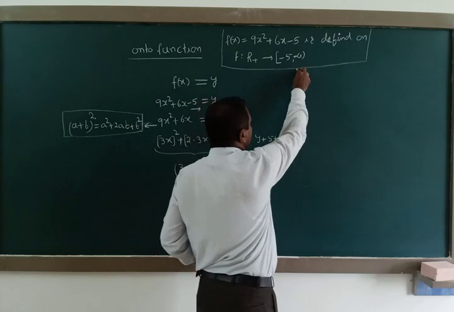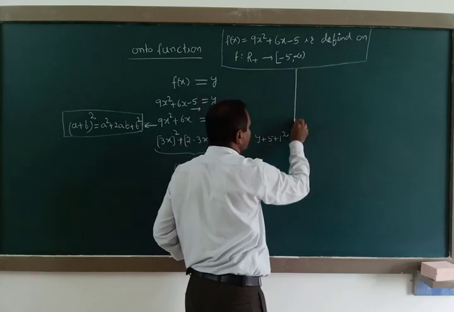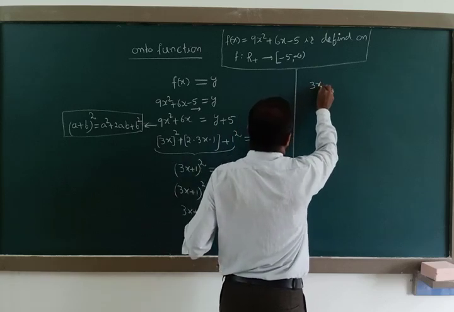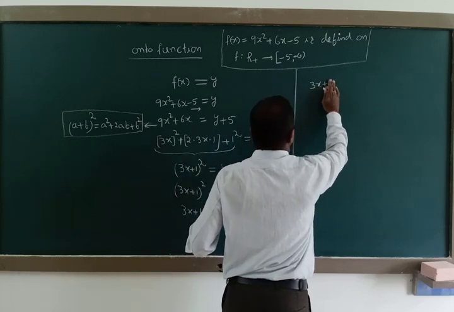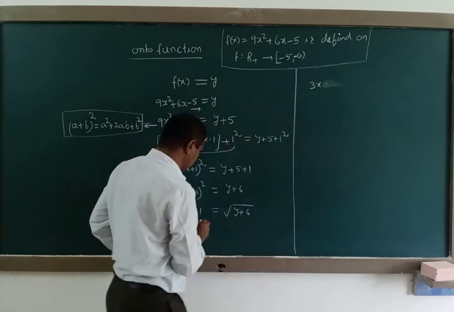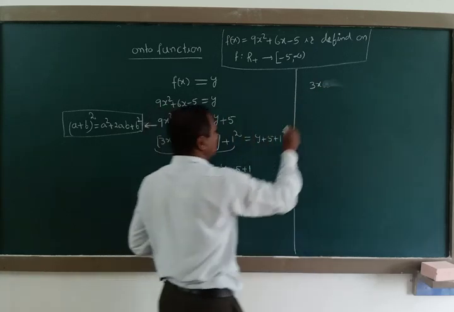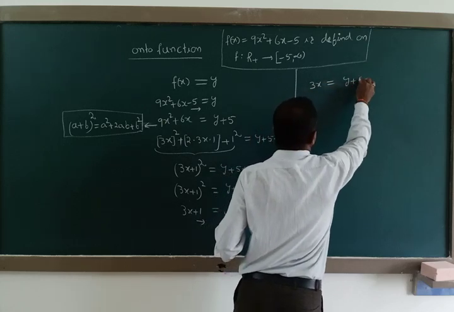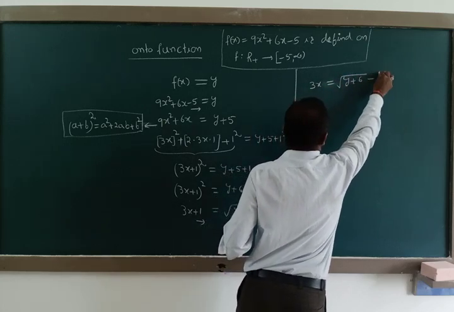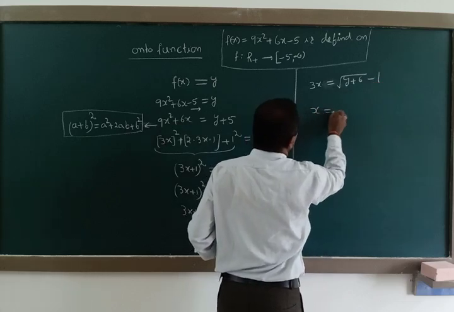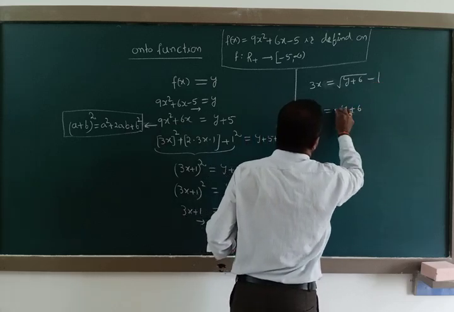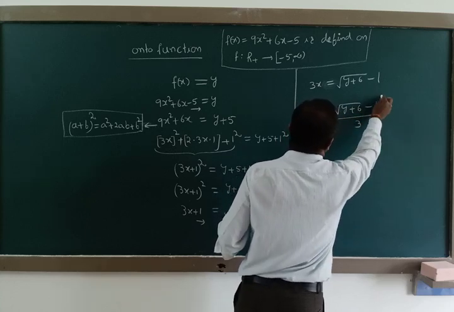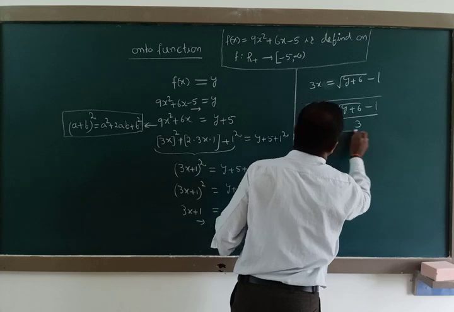From here onwards, 3x plus 1 is equal to 3x. So 3x is equal to, sending 1 to that side, 3x is equal to square root of y plus 6 minus 1. X is equal to square root of y plus 6 minus 1 whole divided by 3. This is equation number 1.